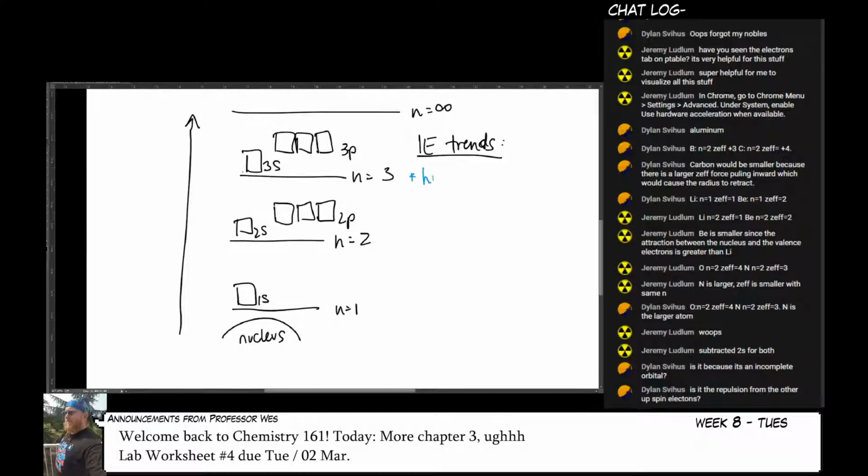If I have a higher N, the ionization energy is lower. And the reason for this is electrons are farther from the nucleus. Cool, that one's easy. We can do that one.